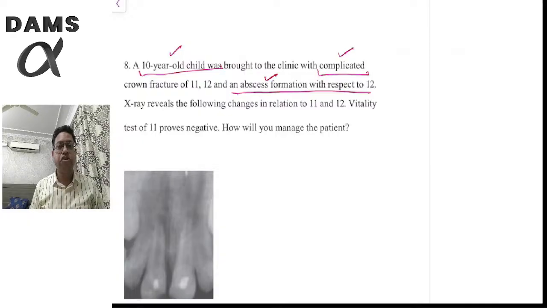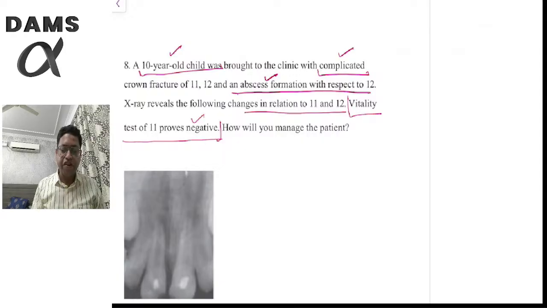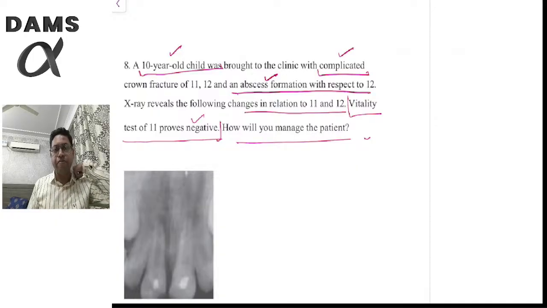Third set of information, the X-ray reveals the following changes in relation to 1-1 and 1-2. Means the question is talking about two central incisors in a 10-year-old child, two maxillary central incisors. The vitality test of 1-1 proves negative. The fourth set of information. How will you manage the patient? It is asking about the treatment plan.